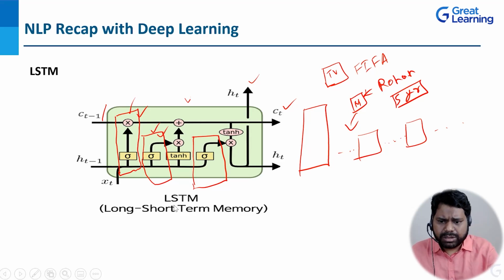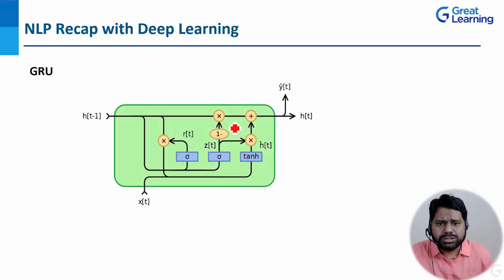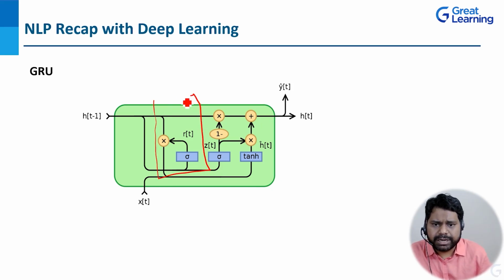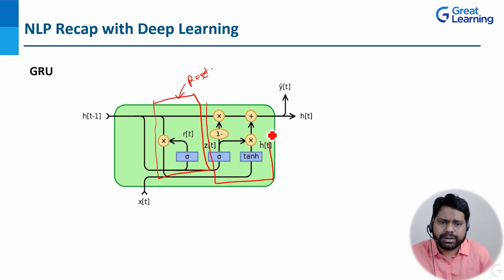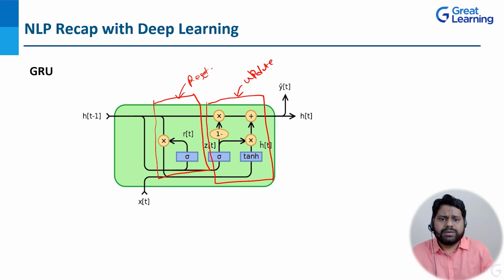Now let's move on to the next slide. GRU is also a similar kind of model, but it has only two gates, unlike LSTM. One is update, which updates your values, and the other is reset, which does the same kind of thing: what to keep and what not to keep.